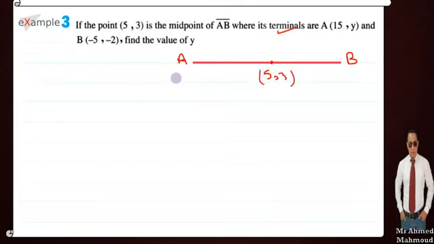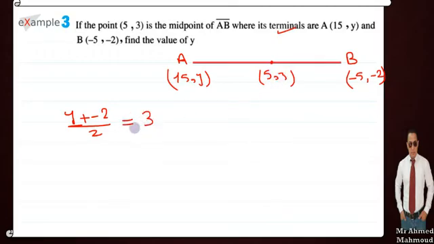Here (15, y), here (-5, -2). Y1 plus y2 over 2 equals 3. So y plus negative 2 over 2 equals the midpoint, which is 3.